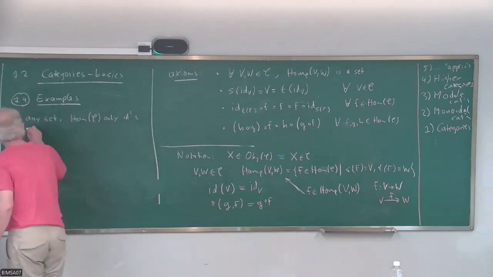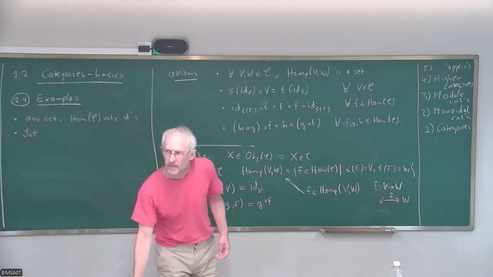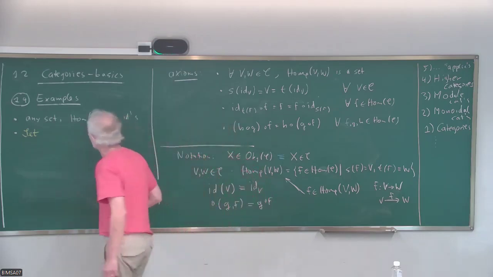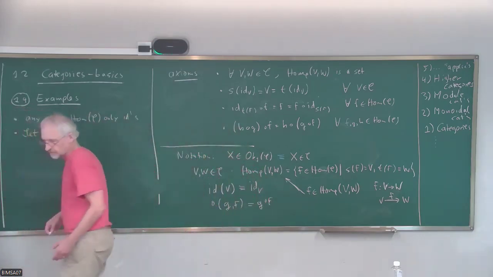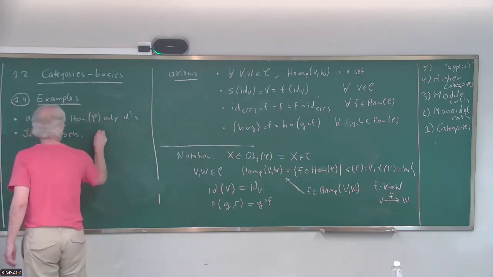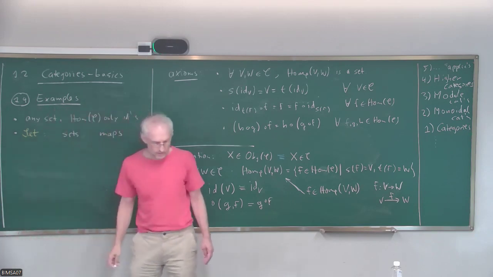Then there are various categories for which I will try to use the same name during the lectures. So there's a category Set. In this case, we have as objects sets, and as morphisms, we have maps between sets.